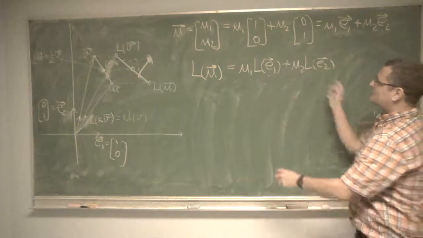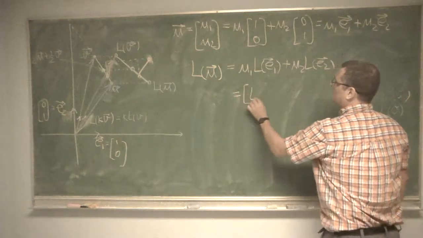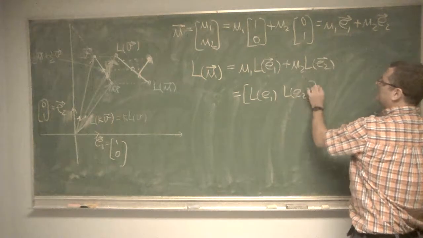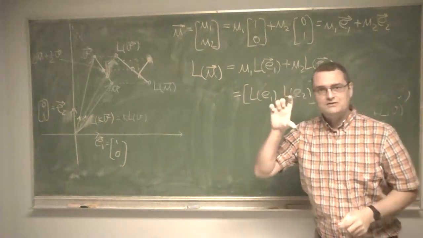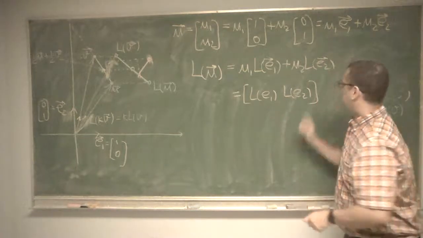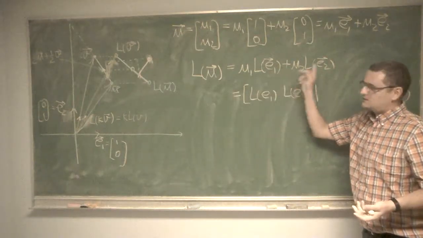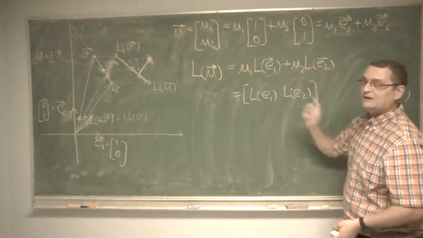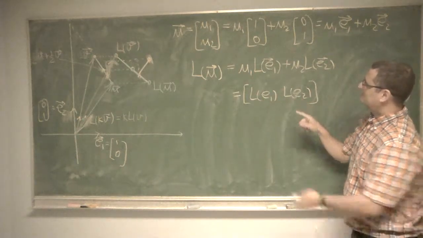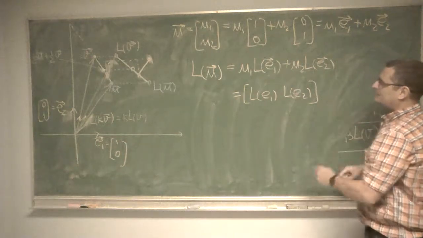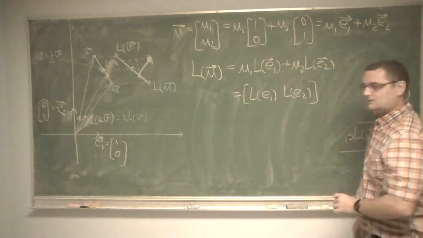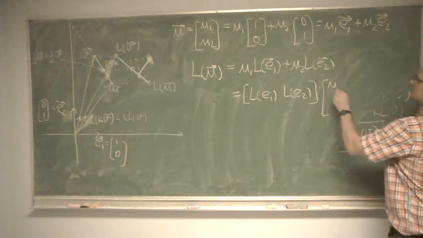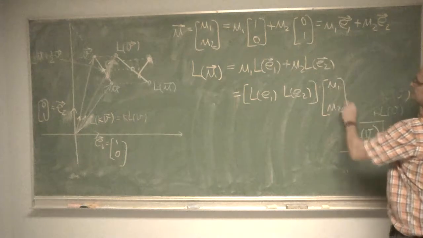And I can write this in the following way. Think about block matrices, L of E1, L of E2. Now, L of E1 is a column matrix, a 2 by 1 matrix, and so is L of E2, because those are points. So this matrix actually is a 2 by 2 matrix, because both L of E1 and L of E2 are columns with 2 rows, times U1, U2.